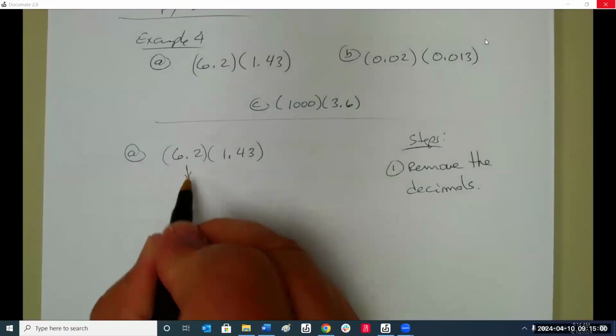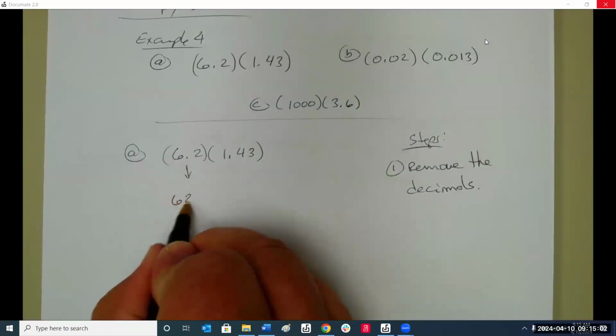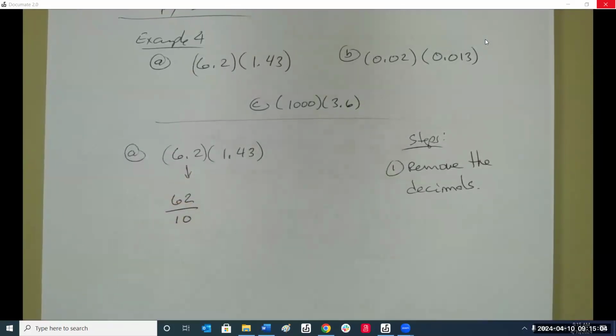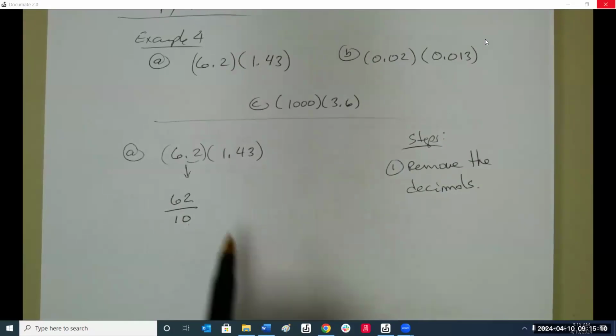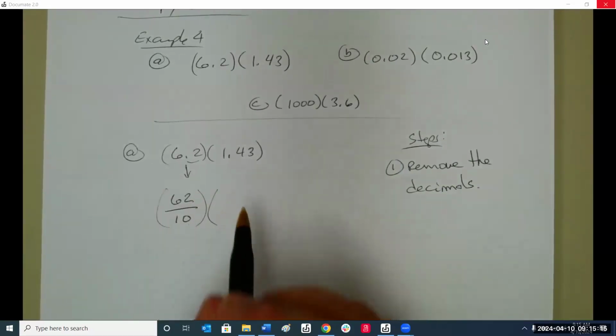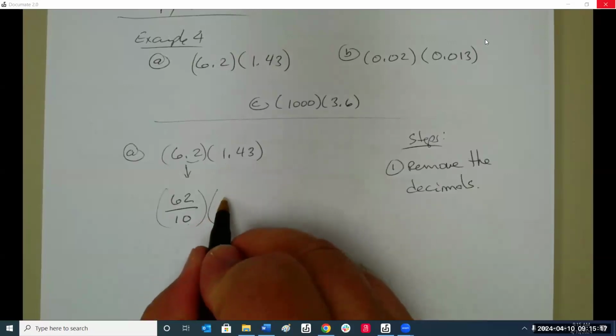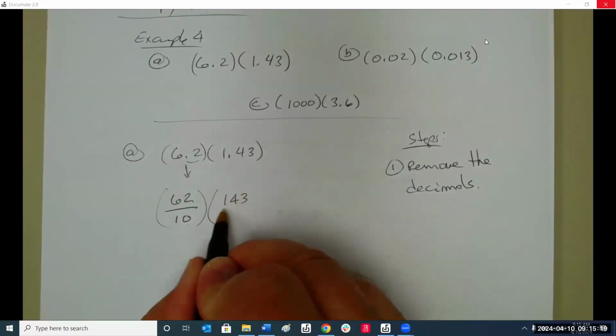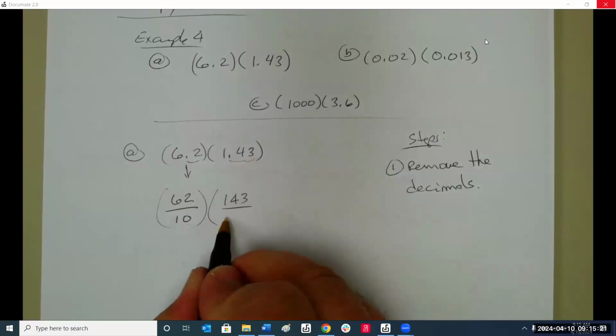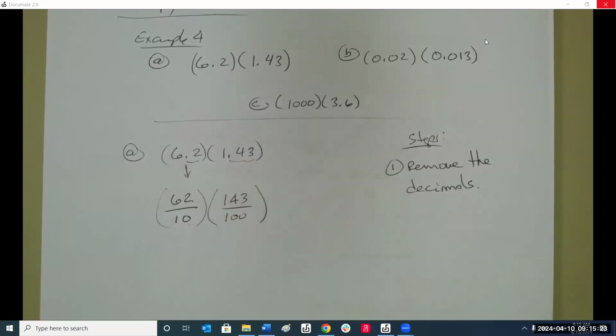So this first one is 62 divided by 10. Since we only have to move it one space to the right, we divide it by 10. The second number, we have 143. We have to move it 2 decimal places, so it's 2 zeros on the bottom.